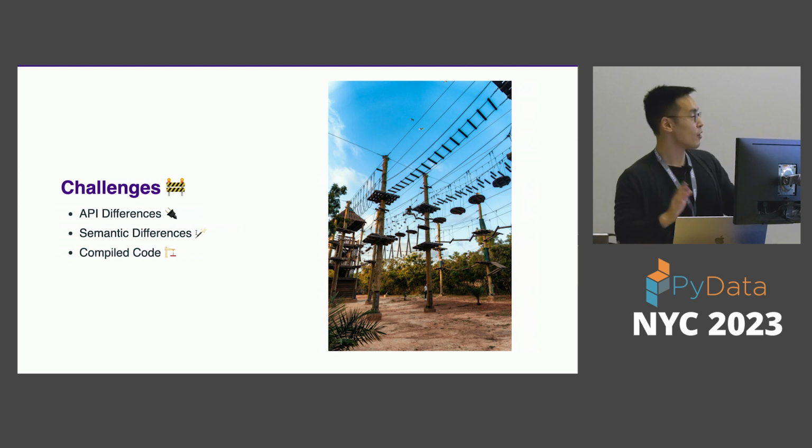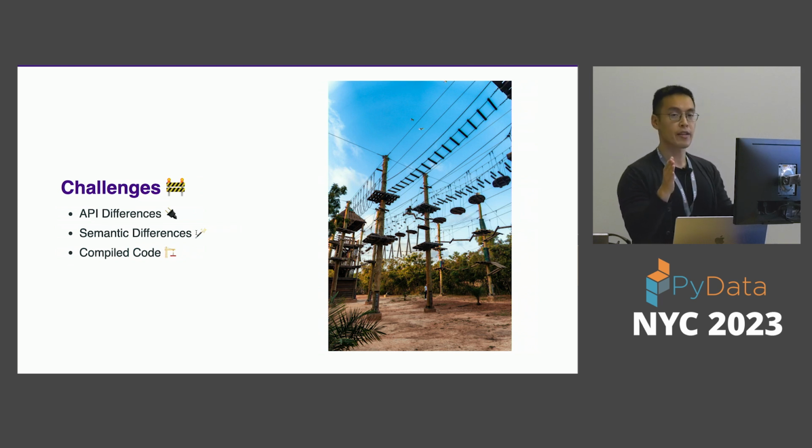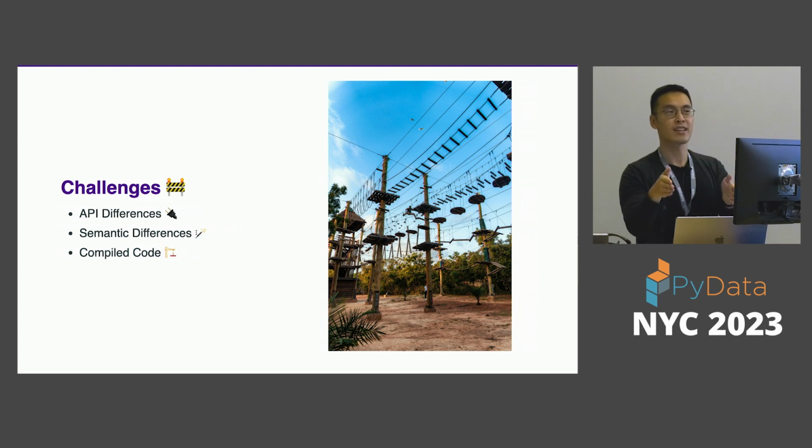Overarching, there are API differences between the NumPy code and the Array API standard. There are semantic differences, which means things that work in NumPy, if you change nothing, would not work in Array API, and we'll see some of those.